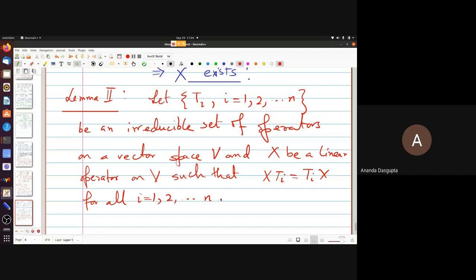So you have an operator X which commutes with every operator of a set of irreducible operators on a vector space, then if this happens, then X is a multiple of the identity.